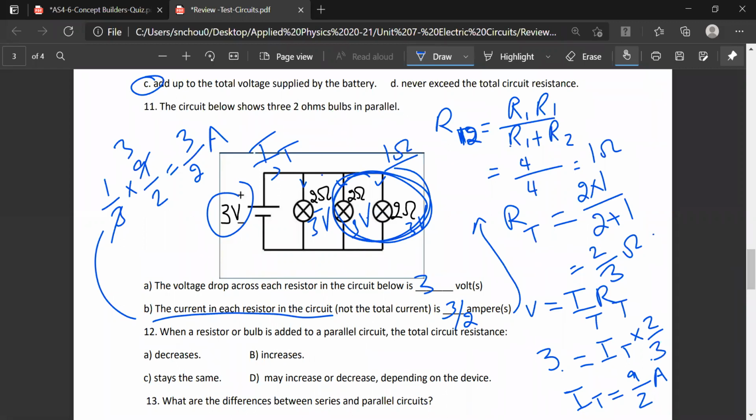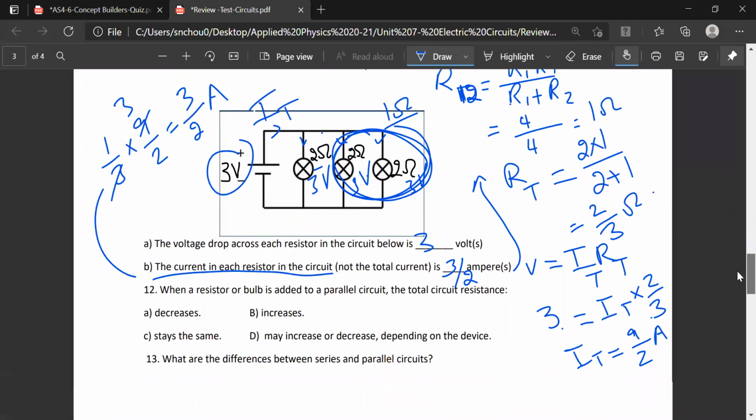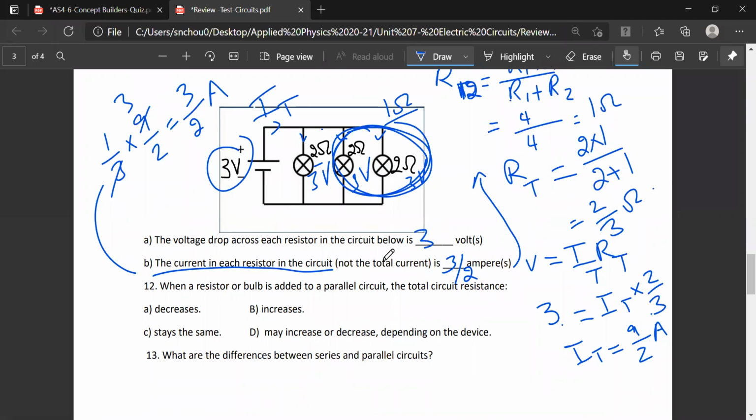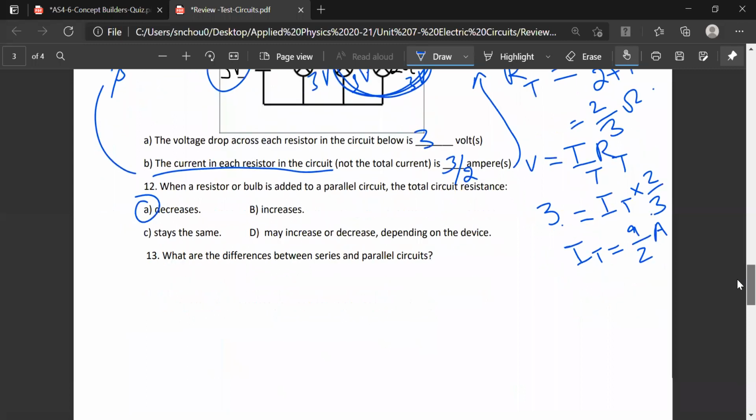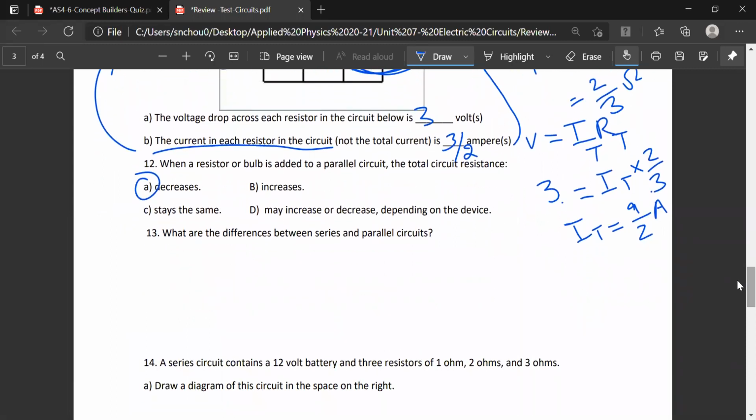All right, now let's answer a multiple choice here. When a resistor or a bulb is added to a parallel circuit, the total circuit resistance decreases, right? We discussed that. In series, it increases. In parallel, it decreases. What are the differences between series and parallel circuits? You can pretty much just summarize what we did up here.